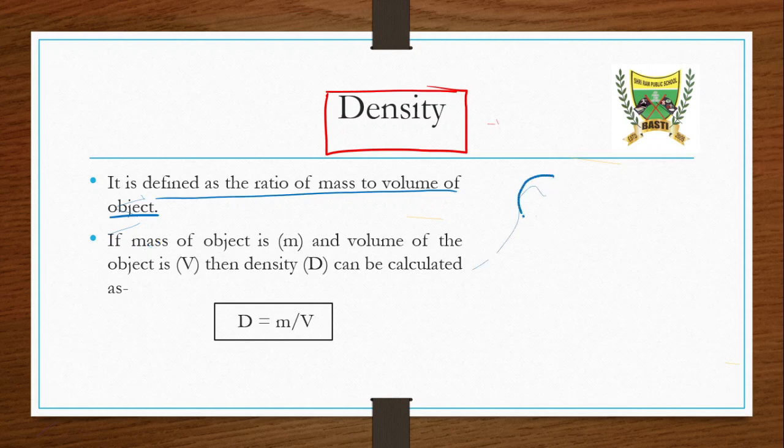Suppose that we have a spherical ball, a cricket ball like this. Now if we have to calculate the density of this ball, what will we do? We will first measure the mass, then we will calculate the volume of this ball.